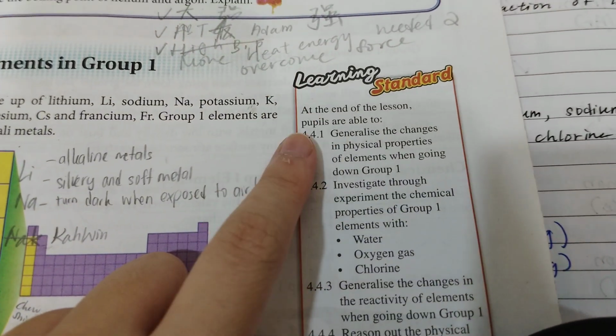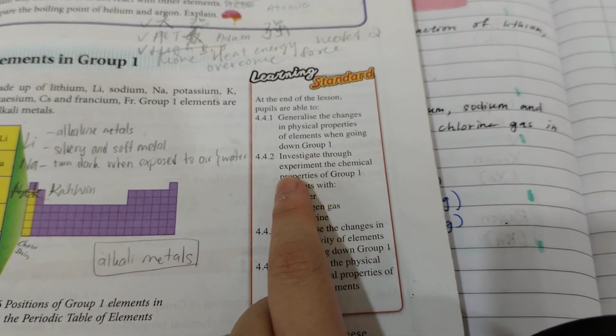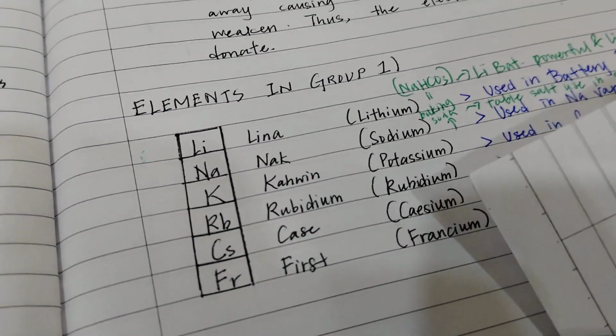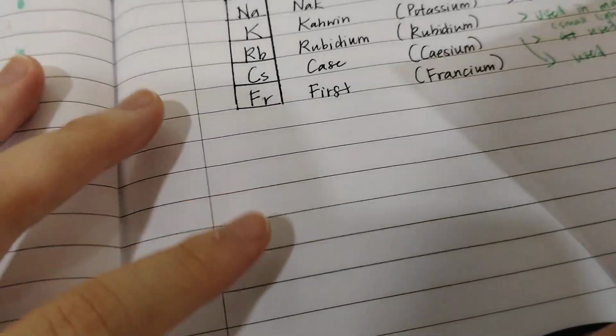We should be able to generalize the changes of physical properties of the elements we're going to investigate through experiments. Okay, cool. We have to talk about the next thing, which is arguably a lot more important, which is the change of physical properties. So I'm going to write this at the bottom here.